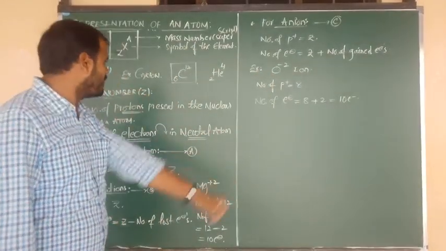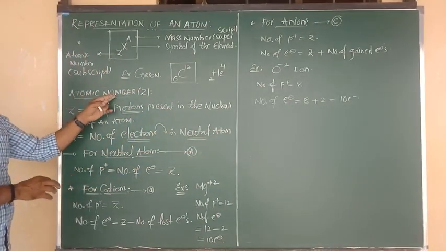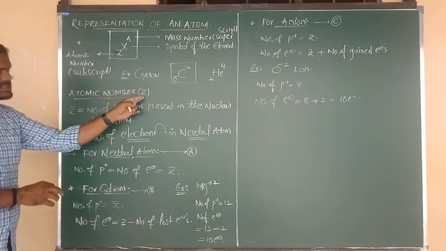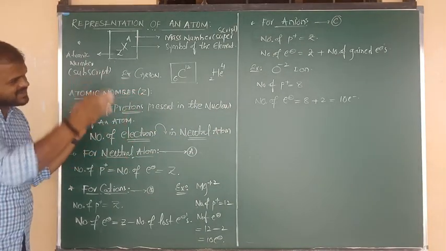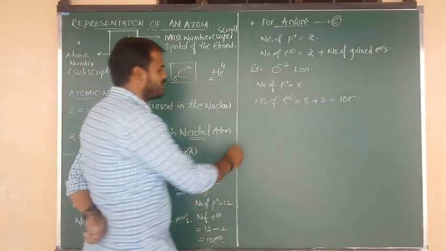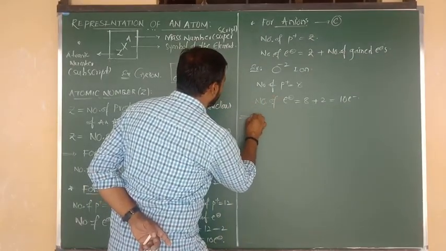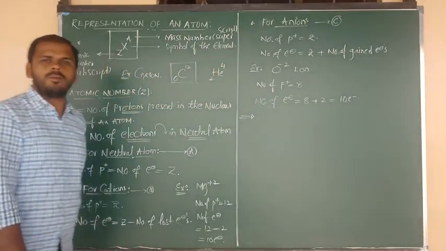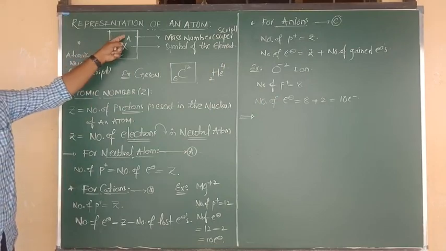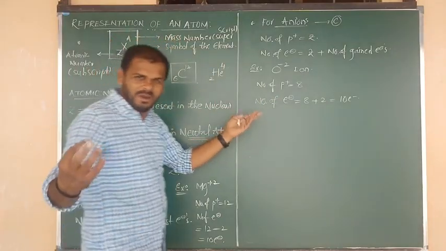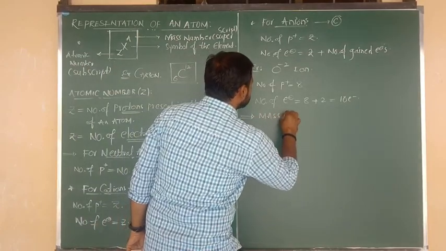Now, up to now I have discussed only the atomic number, and by using that concept, how to calculate the number of protons and electrons. Good. Now, all of you my dear students, listen carefully. I am going to discuss another concept, that is A. What is meant by A? Mass number. Now we have to know about the mass number.